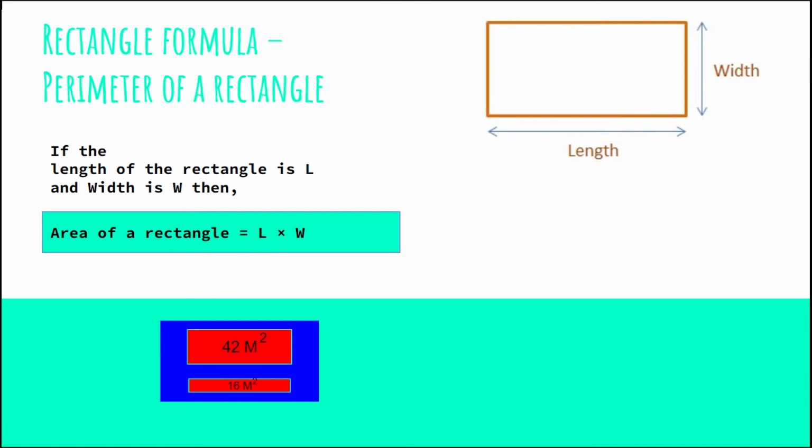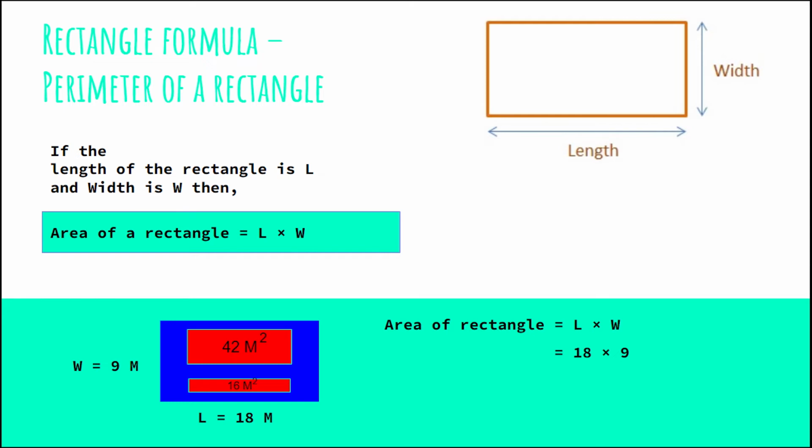First, we have to know the area of the rectangle. As we can see, the length of the rectangle is 18 meters and the width of the rectangle is 9 meters. The area of a rectangle is length times width. So, the area of the rectangle is 18 times 9.